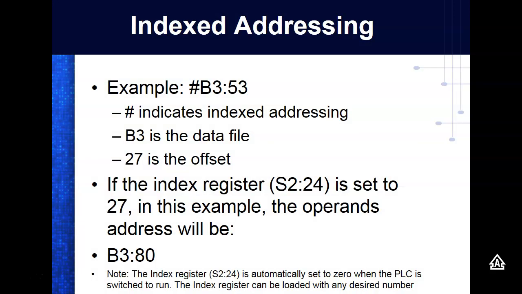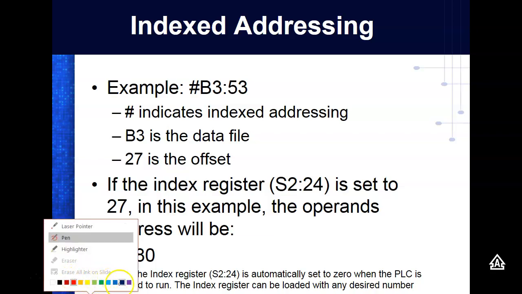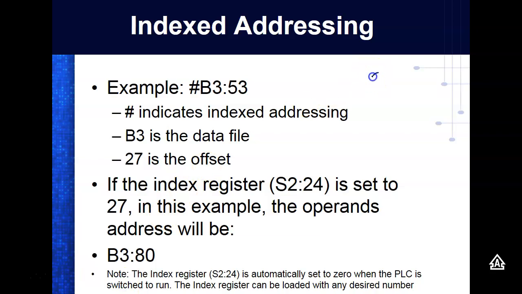So how do we specify index addressing? You know, it's a hashtag. And normally what index addressing does is we have an index register. On the SLC 500 series, it's S24. It says S2, but we've only got one status register. So our inputs are actually this right here. It's data file 0, right? Input's data file 0. Let me look real quick.